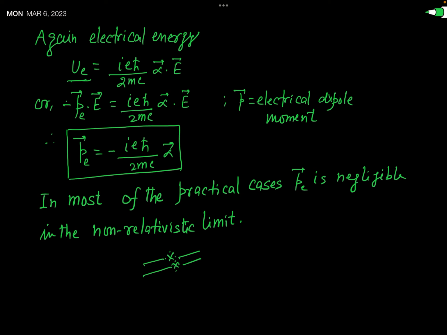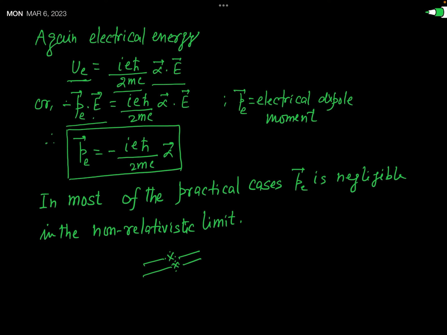So this is given by UE equal to i eh bar over 2mc alpha dot E. But again, when an electric dipole is placed in an external electric field, the electrical energy of interaction developed in the dipole is given by this formula: minus PE dot E. Here this PE is called the electrical dipole moment of the electric dipole.